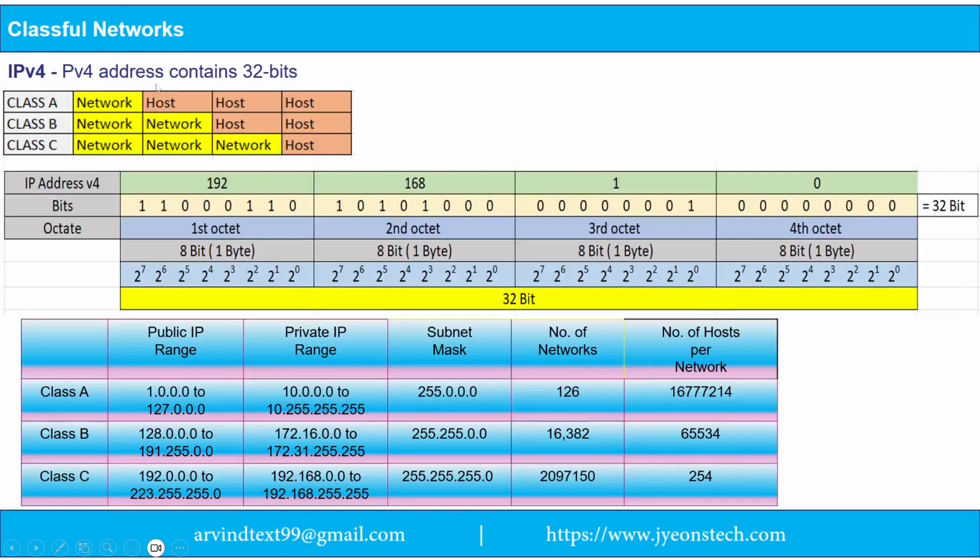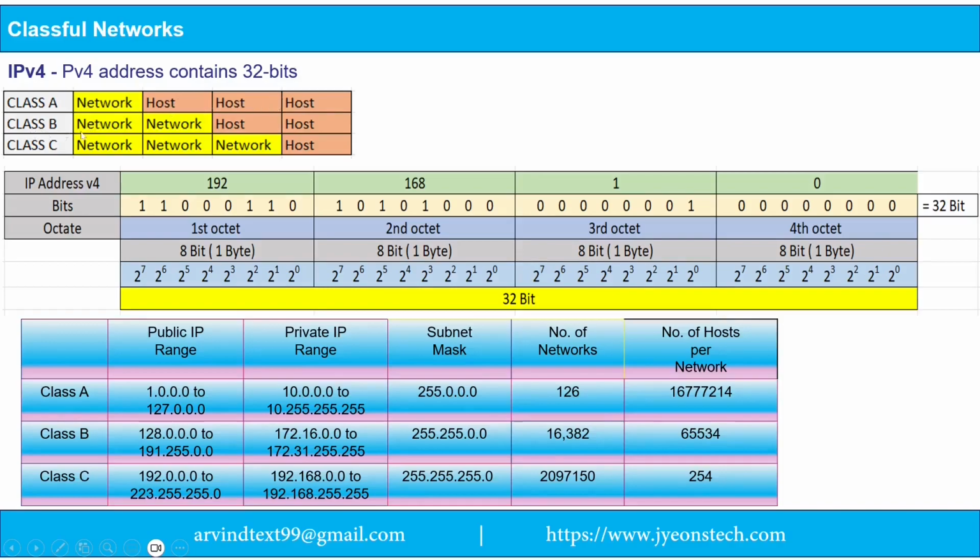Let's discuss the classful network. An IP version 4 address contains 32 bits. The first octet is 8 bits, the second octet is 8 bits, the third octet is 8 bits, and the fourth octet is 8 bits, so the total is 32 bits. In class A, the first octet of 8 bits is used for the network, and the other 8 bits, 8 bits, 8 bits are used for the host.